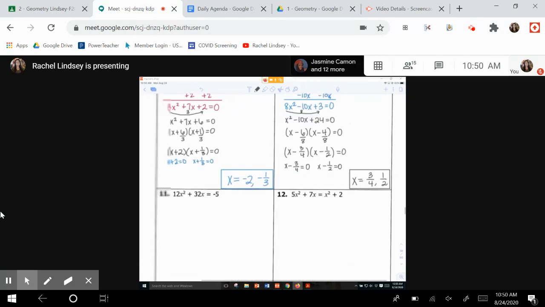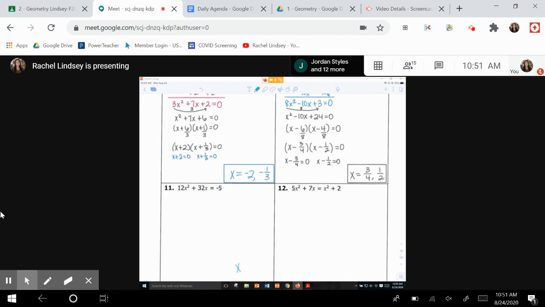And number 11 solutions are x equals negative 5/2 and negative 1/6. Then we're going to do number 12.